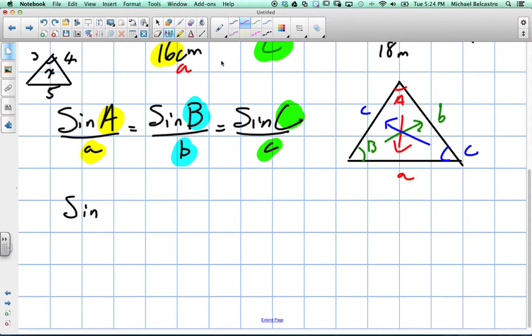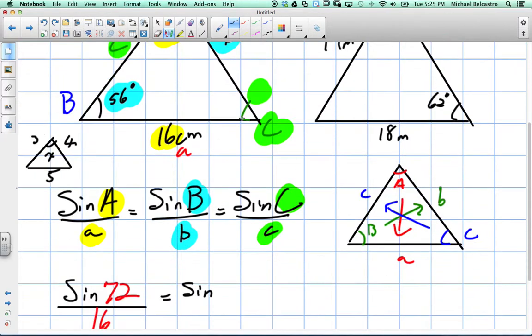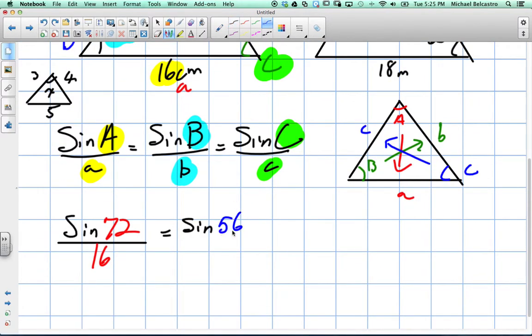sine 72, that was our angle, divided by 16, which is then equal to sine 56 divided by our x, right? That was our unknown, and which is equal to sine C over sine c.